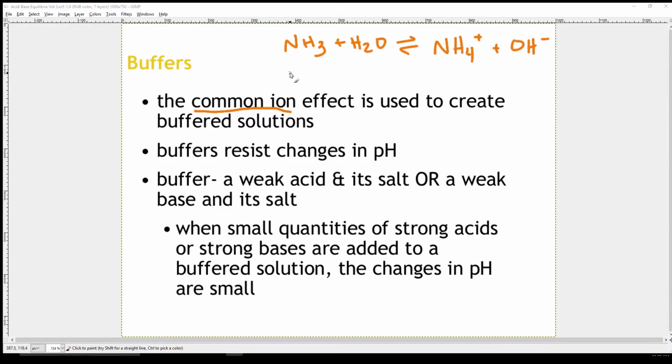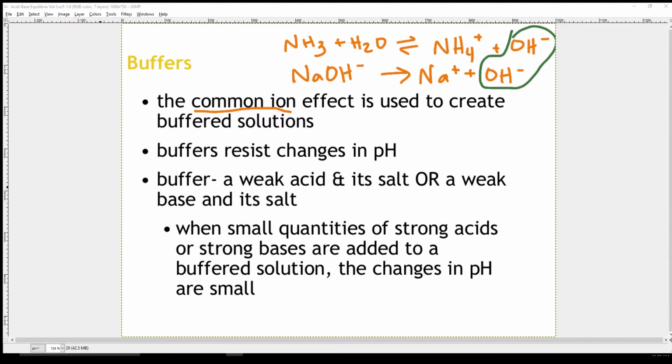And then you could also mix that with NaOH. It's strong, so I use the one-way arrow, and you'd end up with sodium and hydroxide. If you'll notice, we have hydroxides in common. This is called the common ion effect, and we use the common ion effect to create solutions that are buffered.